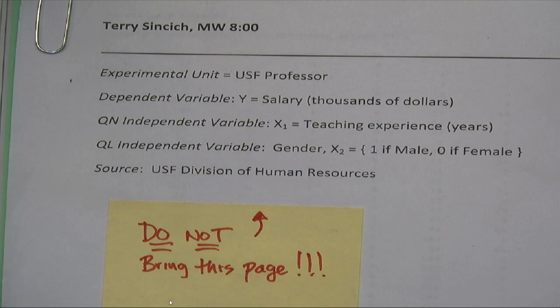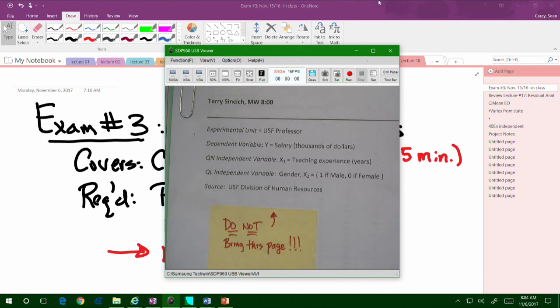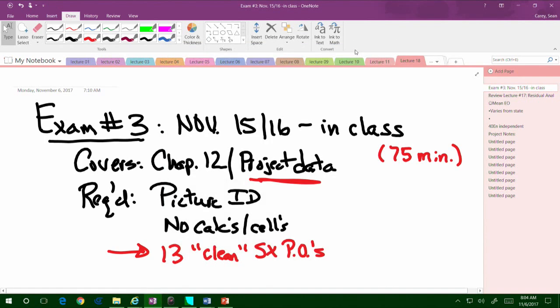But this should all be in your head. This is your knowledge. This is the story that you're bringing in with you in your head. Don't bring that page in, the one that described all your variables. It'll cost you some points. I don't want that to happen to you. So that's exam number 3. That's next week. But like I said, I'll be doing a review for that next lecture.